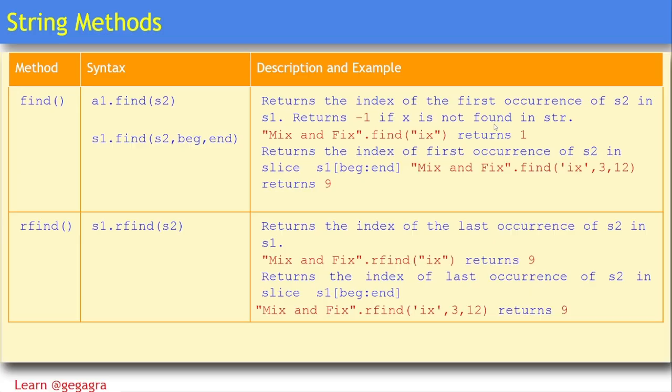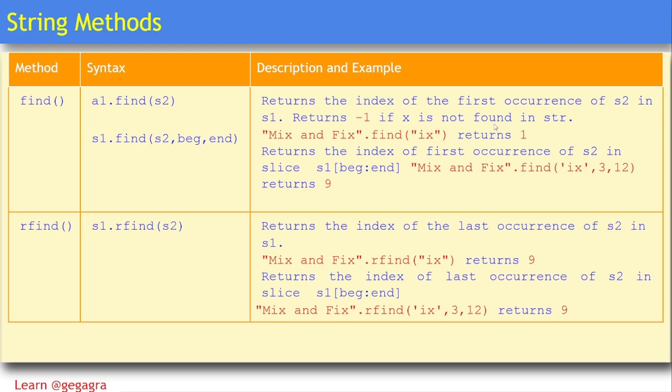Now the alternative is that we can apply a range. If you want to find the index of the particular substring within the string in a range, I have taken the range 3 to 12, and I want to find the index of this. It will scan from right to left, but the index will be counted from left to right. So it will give 9.